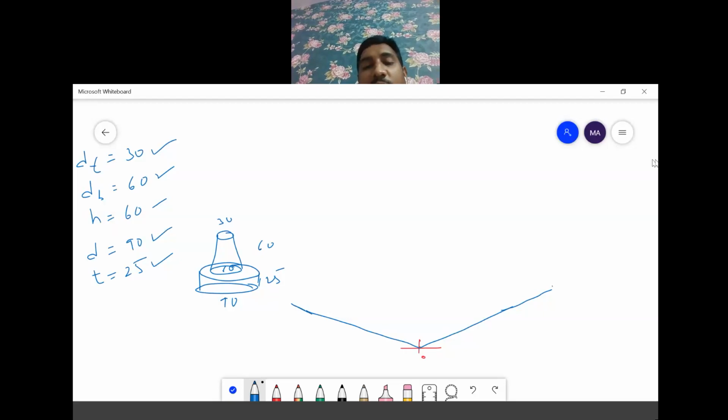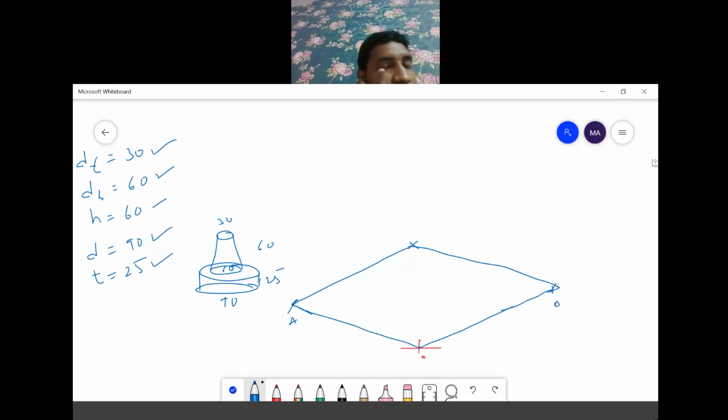I am cutting 90 here and 90 here, A and B. Again I am cutting 90 from A and from B. Is it clear?